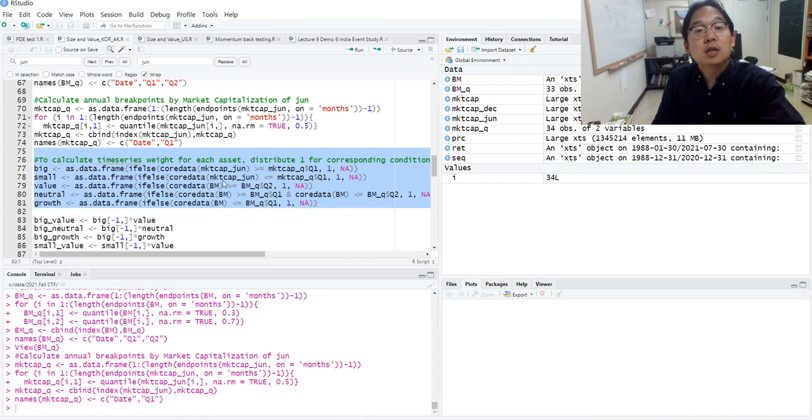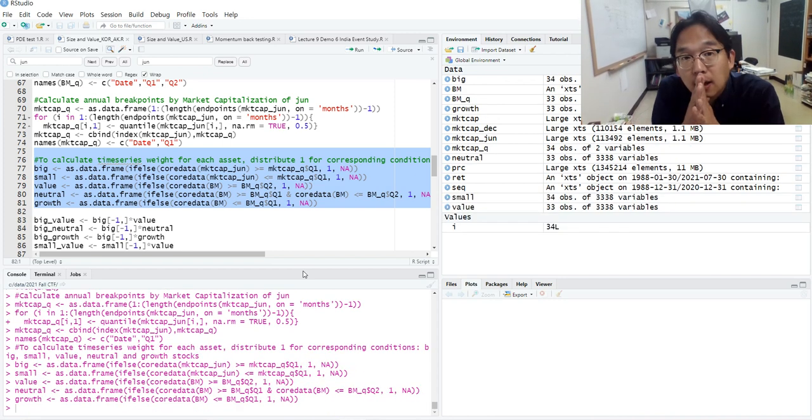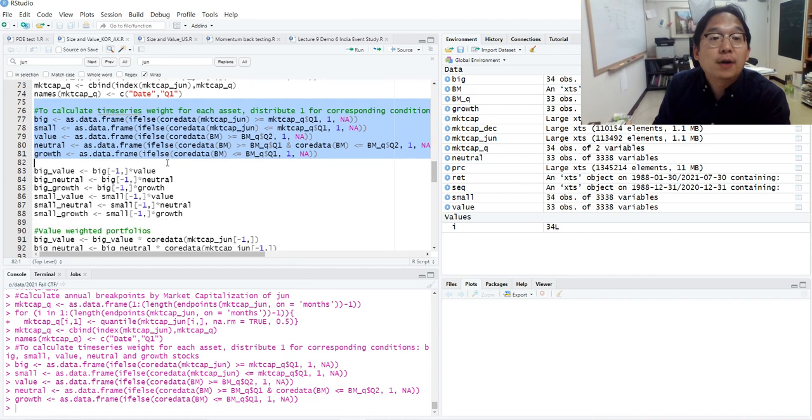Using these two different data sets, market cap and book to market. Okay, so that's that. And then big value and neutral.